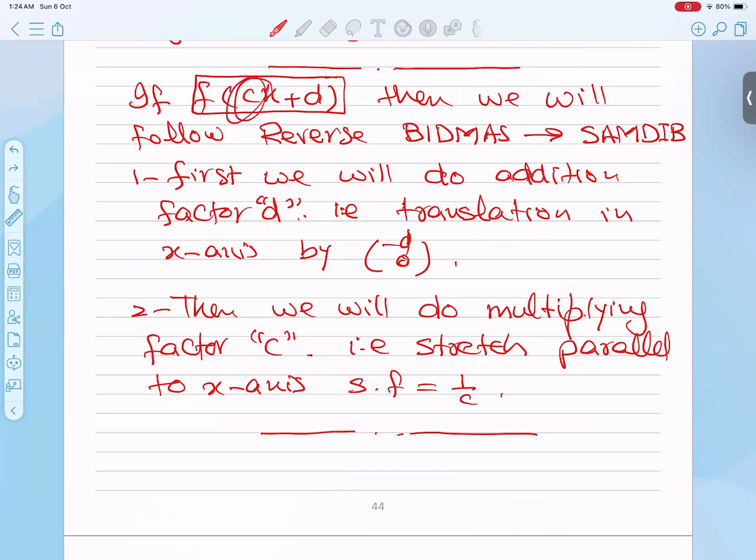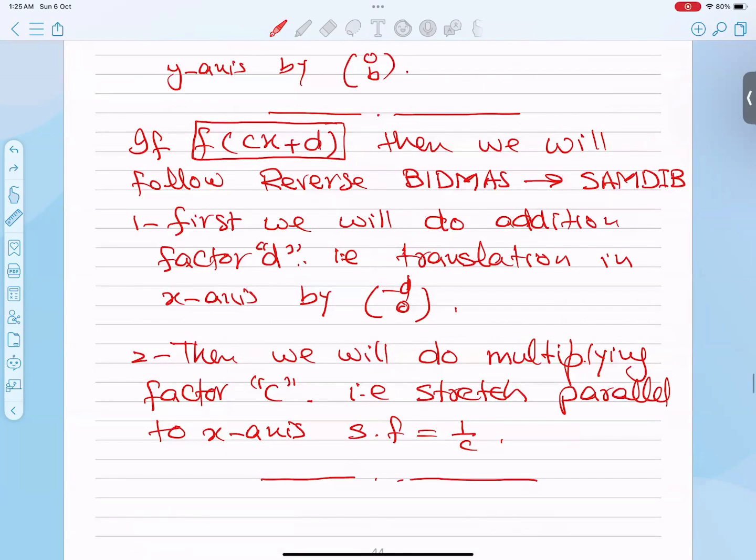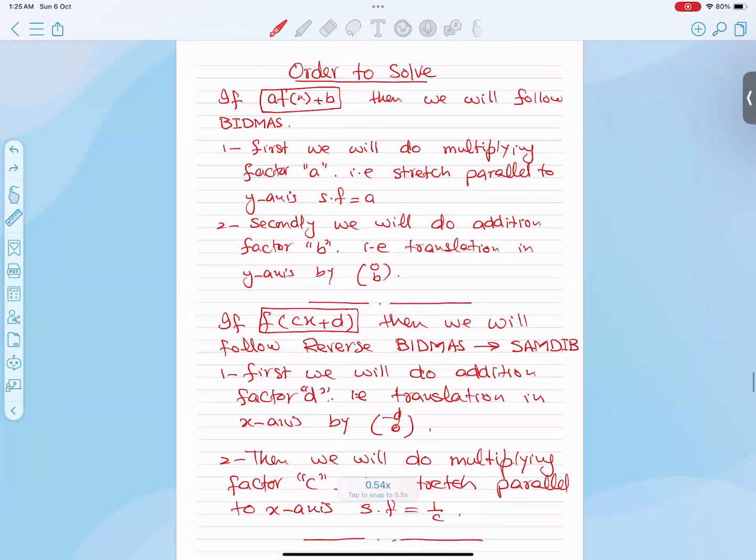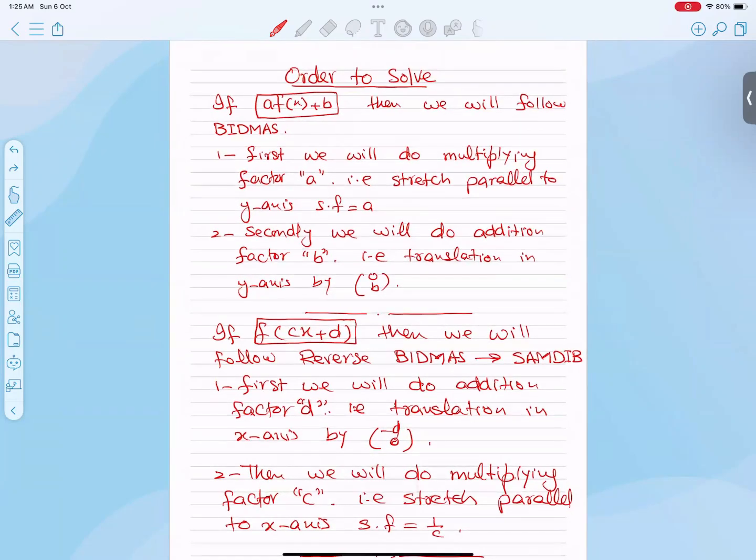And then we go for multiplication, a stretch parallel to the x-axis, because it is inside the bracket. Outside the bracket is the y-axis. So I believe you got this point clear. This order to solve is very, very important. Now we can go for some practice.